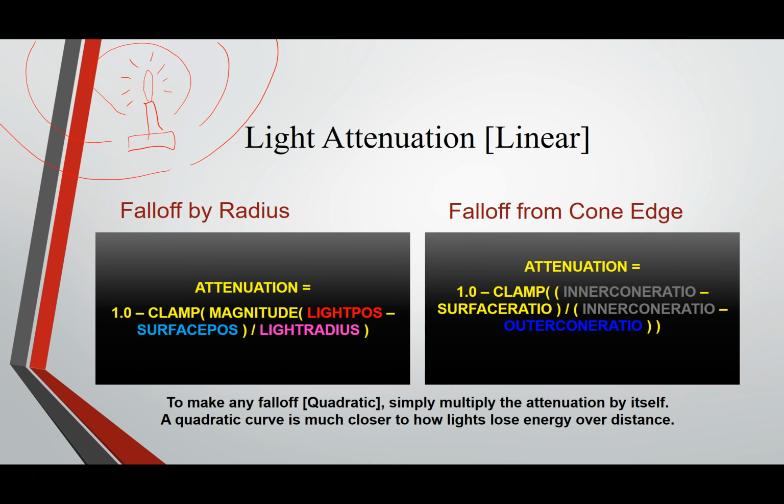We can't, for instance, take our flashlight and aim it at the top of the mountain and suddenly light up the top of the mountain, because there's no fall off of energy. So we need to be able to deal with that and represent that.